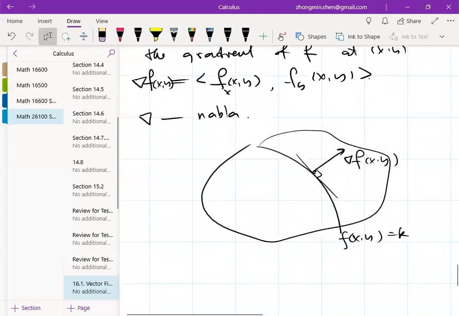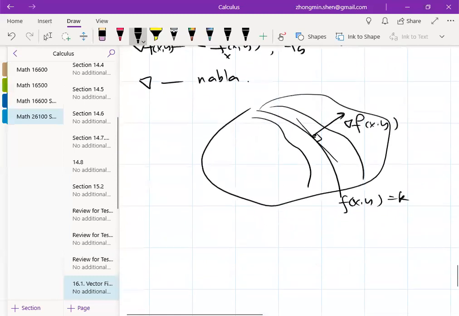If it's longer, it means the value of the level k changes quickly. The length of the gradient tells you how fast the level changes if you go down the hill, right? The level curve tells you the height of the mountain along this curve, okay?